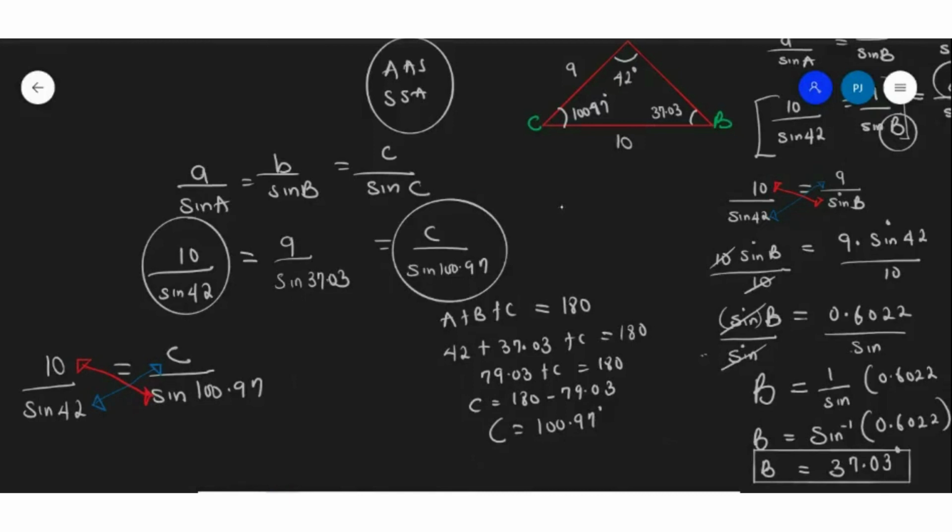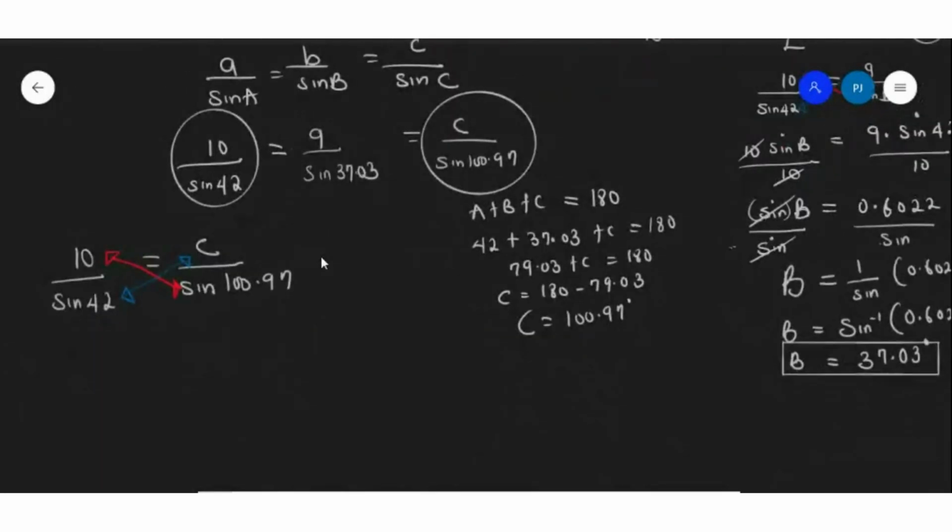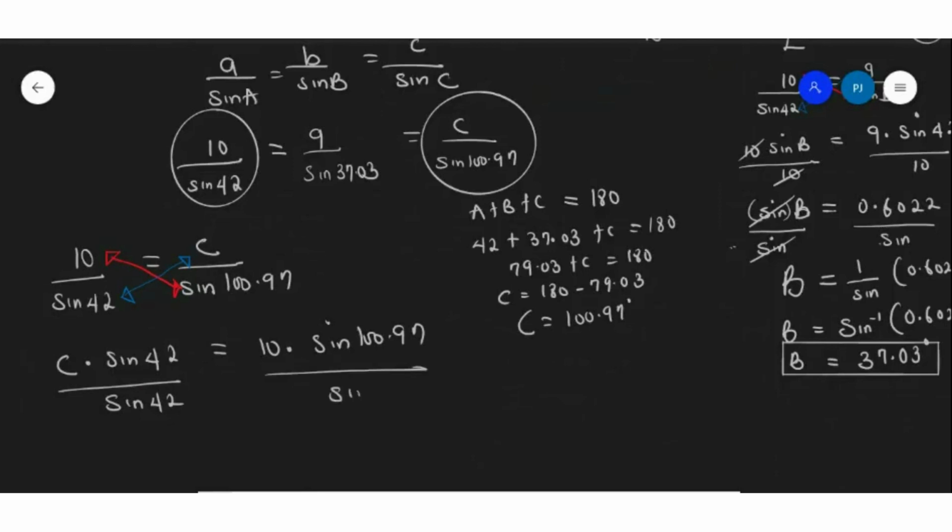And so we have c multiplied by sine 42 is equal to 10 times sine 100.97. Okay, so divide both sides by sine 42. You can do this already without wasting so much time. So what is the value for c?